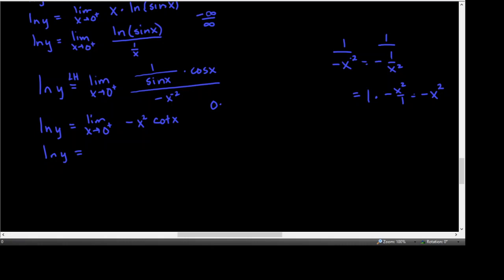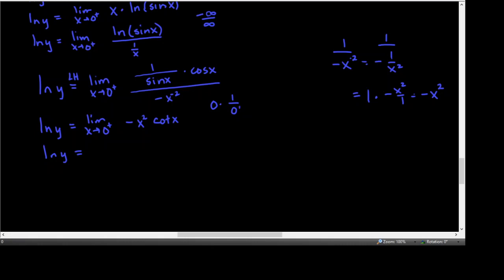Cosine of 0 is 1. And sine of 0 is headed toward 0, but it's positive, so this is headed towards 0 on the positive side.